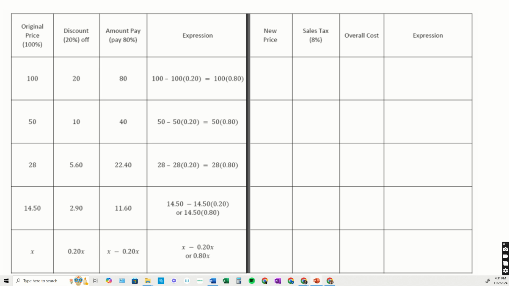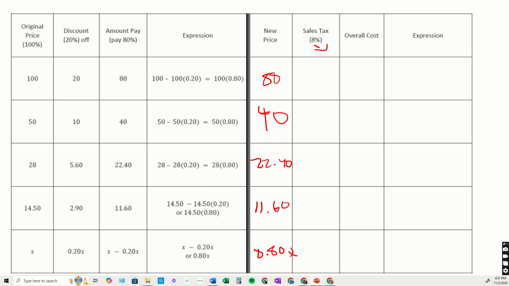Our new price would be $80, $40, $22.40, $11.60, and 1 minus 0.2, or 0.80x, right? And now we have a sales tax of 8%, so we're looking at having an additional price.